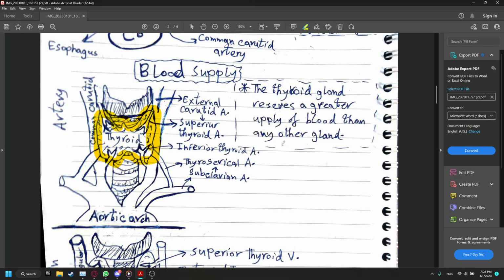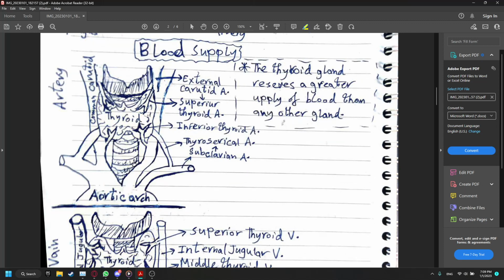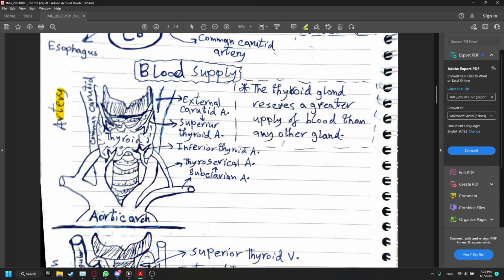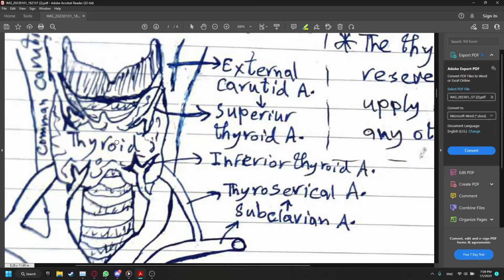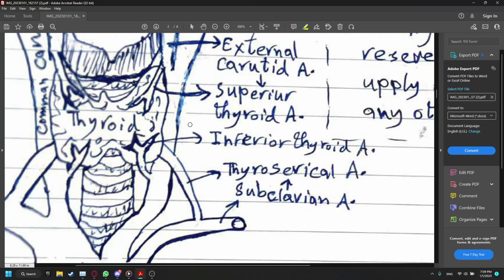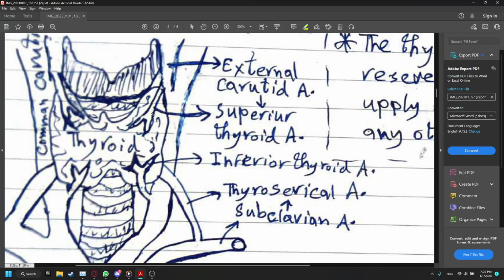It's really important for growth, for metabolism, for a lot of stuff, so it needs a lot of blood supply to be able to work. And mainly, the arteries that connect to the thyroid gland are four arteries, two on each side.